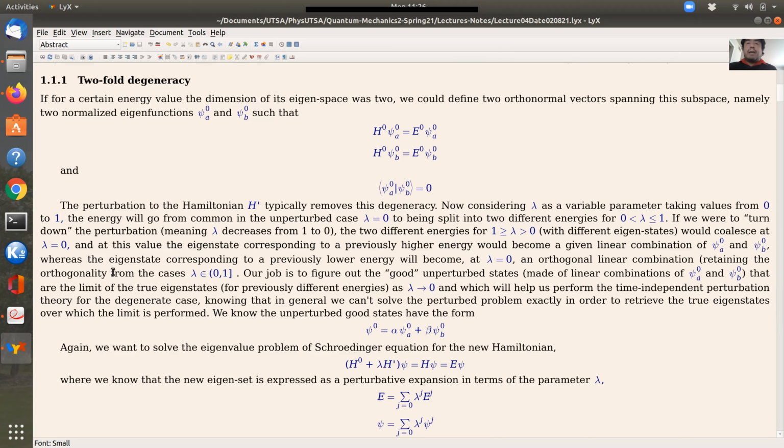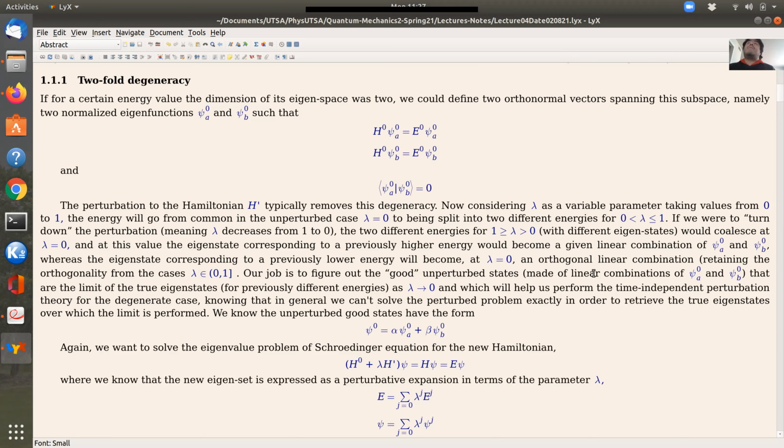The eigenstate that was related to a higher energy will become a linear combination of our basis for the degenerate subspace, phi 0a and phi 0b. The one for the lower energy will have the same energy as the other, and it will also be an orthogonal linear combination, from lambda 0 to 1.